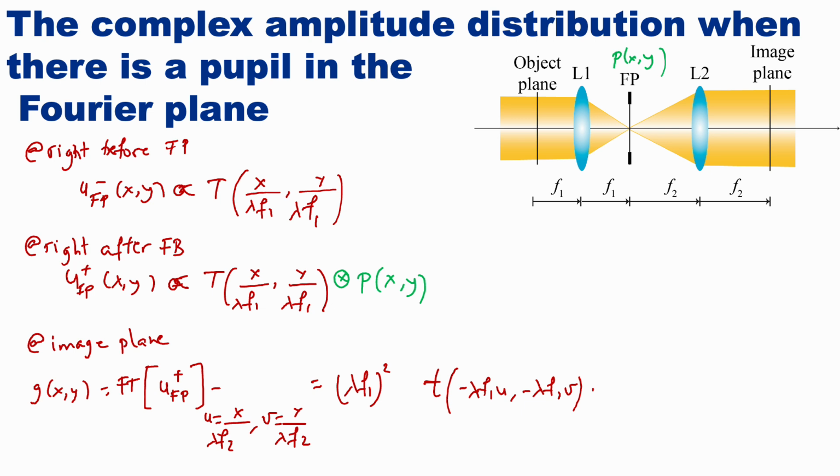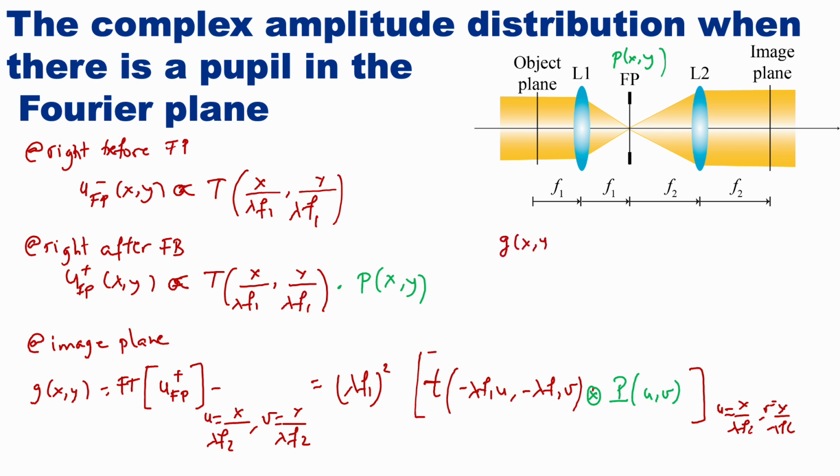Sorry, this is not a convolution, this is a product. So this product becomes a convolution of the Fourier transform in u, v. And now we need to put u, v as x over lambda f2 and y over lambda f2. So I'm going to put it right here.